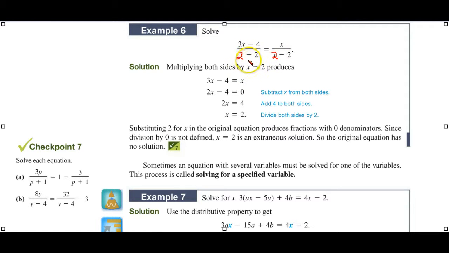Your denominators become a 0, or at least if only one of them becomes a 0, then x cannot be 2. So we say this is an extraneous solution. And we say this particular equation has no solution.